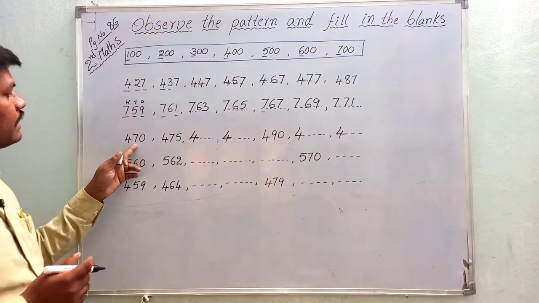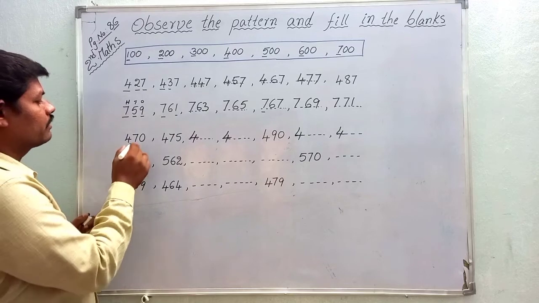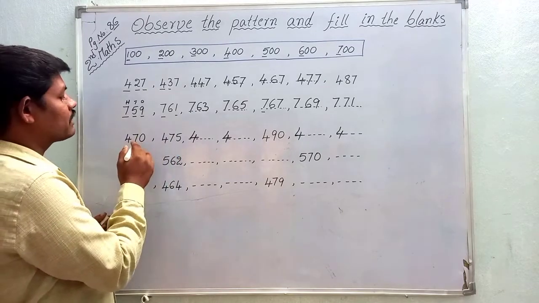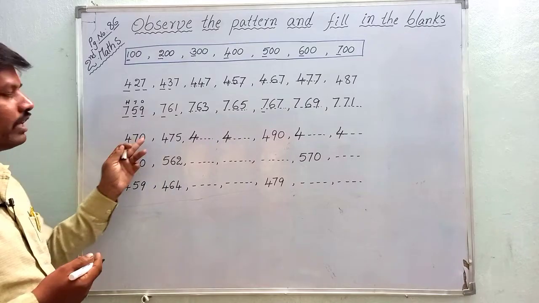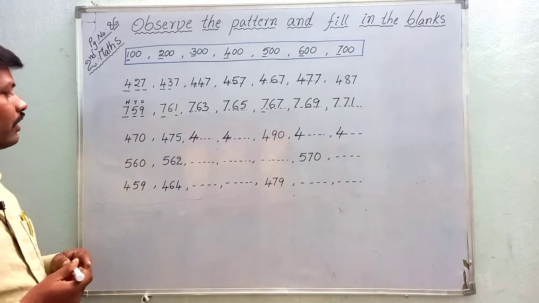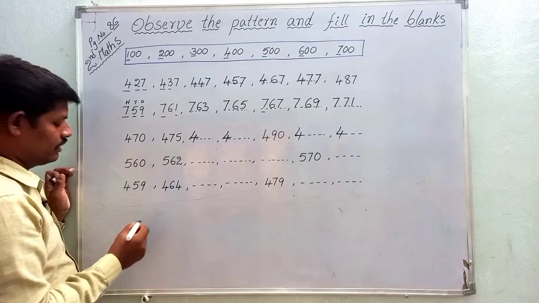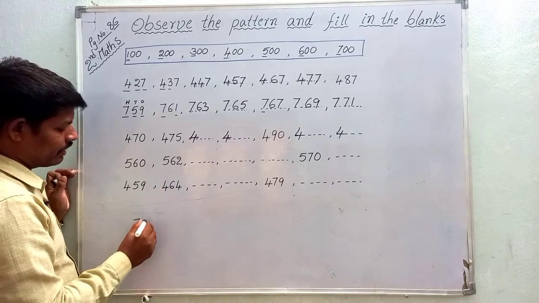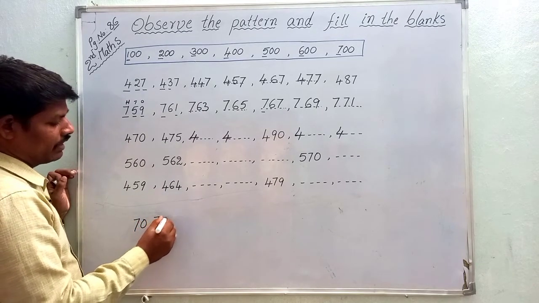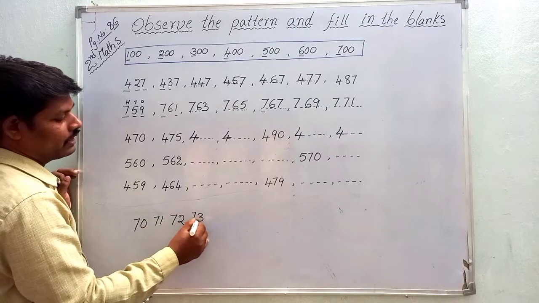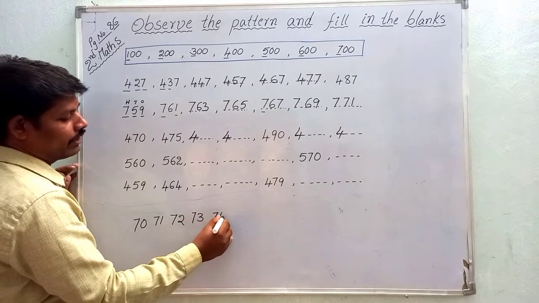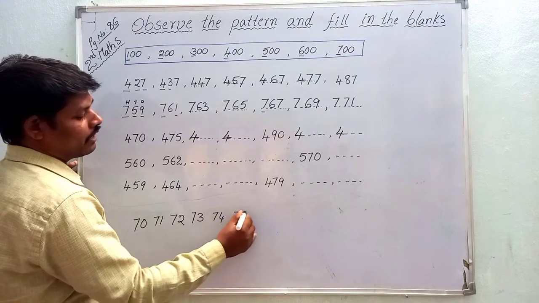Now tens place, if you observe 7, 7, that means 70 after 75, 5 increasing. For example, if you write numbers 70, 71, 72, 73, 74, 75.